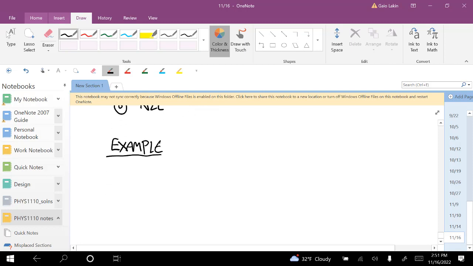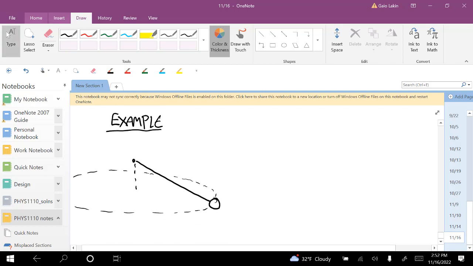Okay, so let's say, for an example, we have a tetherball problem. This thing's swinging around in a circle like this.